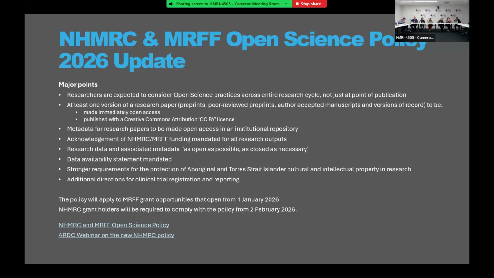If you're doing books, chapters or edited things, they're encouraged to be made open as well. They do encourage now the data management plans, open software and code, and sharing of clinical trials.